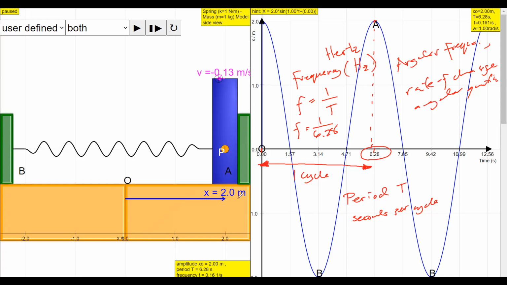Again, we have these four quantities important to take note of. First we have the amplitude, then we have the cycles, period, frequency, and angular frequency.